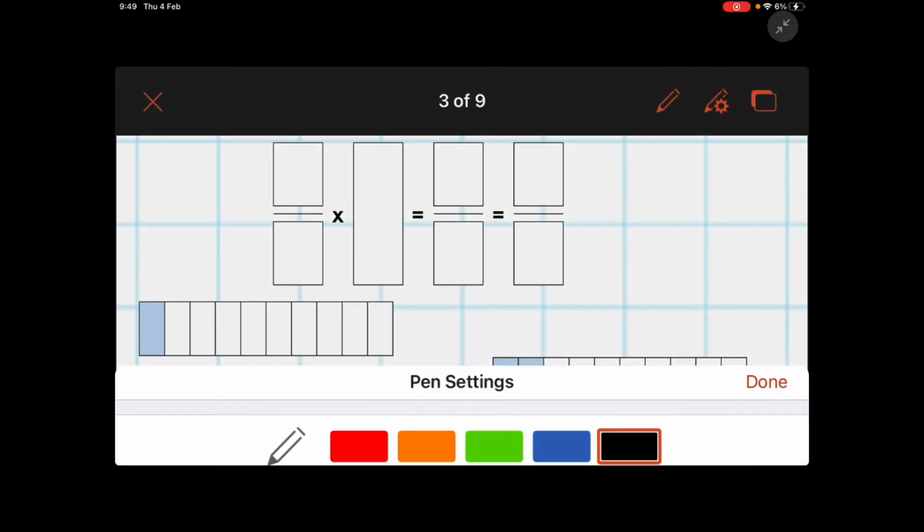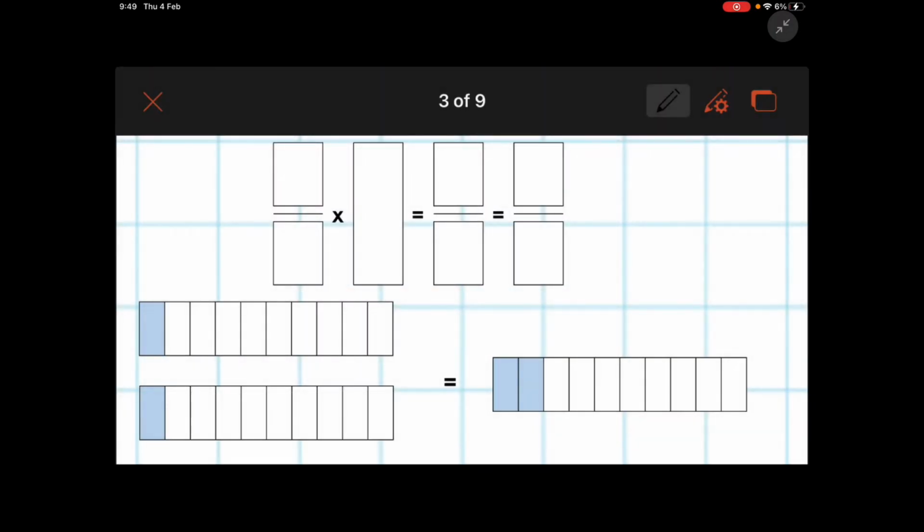Another example. I have some representations at the bottom. Let's go ahead and count how many sections there are on each representation. There is 1, 2, 3, 4, 5, 6, 7, 8, 9, 10.